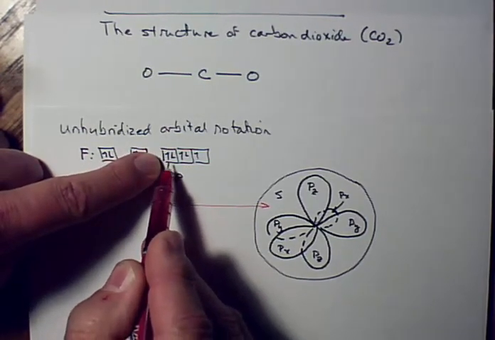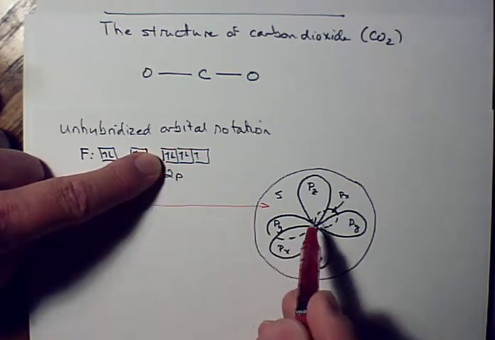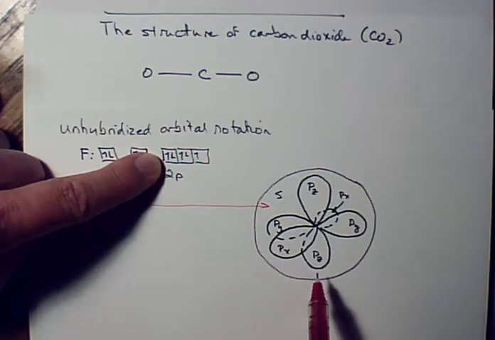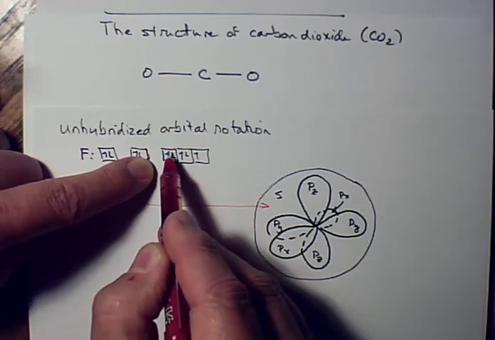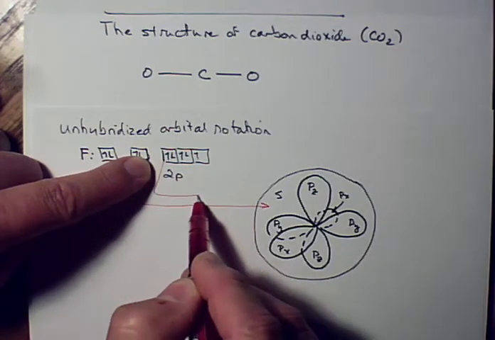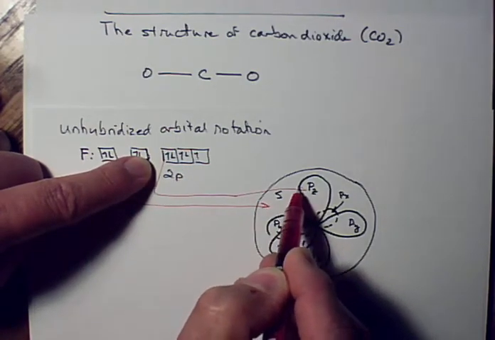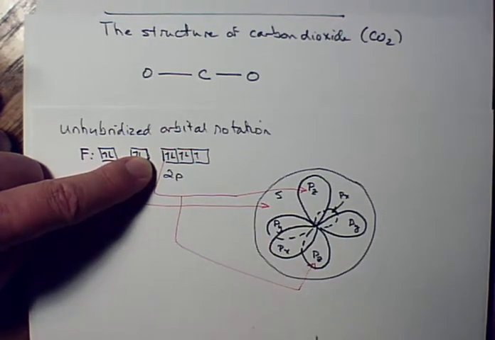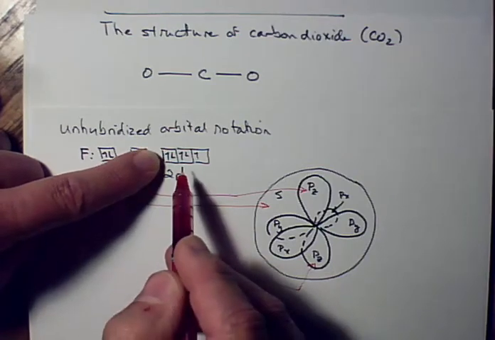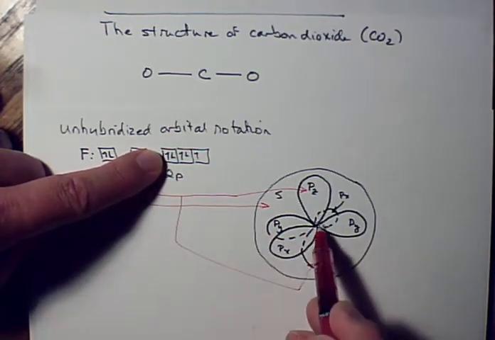This p orbital can be any one of these three p orbitals here. You have 2 electrons, 2 nodes, but they're the same thing. So if this p orbital is pz, then it's also the pz orbital here. 2 balloons make 1 orbital.